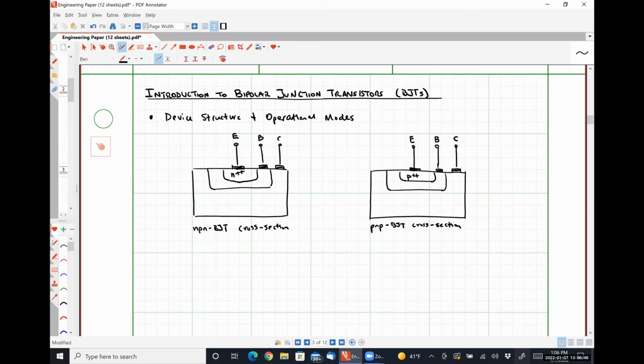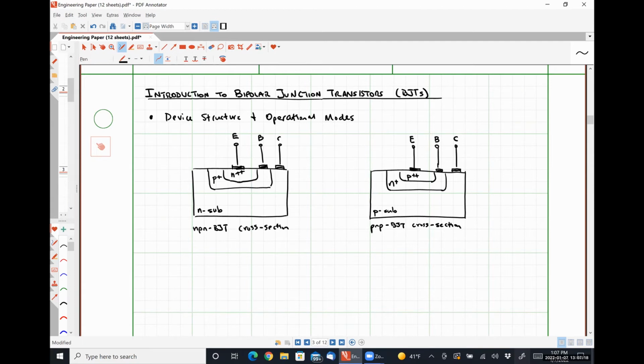The middle of our sandwich, our base, is going to be heavily doped P-type for an NPN and heavily doped N-type for a PNP. And then finally, our substrates will be lightly doped N material for an NPN and lightly doped P material for a PNP.